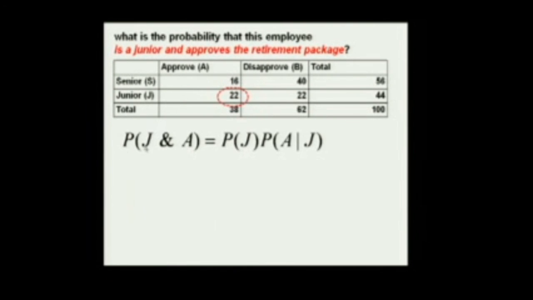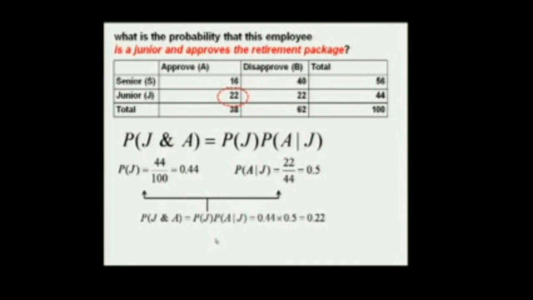Now, the probability of junior and approve by the multiplication rule of dependent events is P(J) times P(A given J). P(J) is 44 divided by 100, the total junior of 44 divided by the total number, which is 100. The probability of A given J is the 22, but given J, meaning the total of J, which is the 44, so that's 0.5.